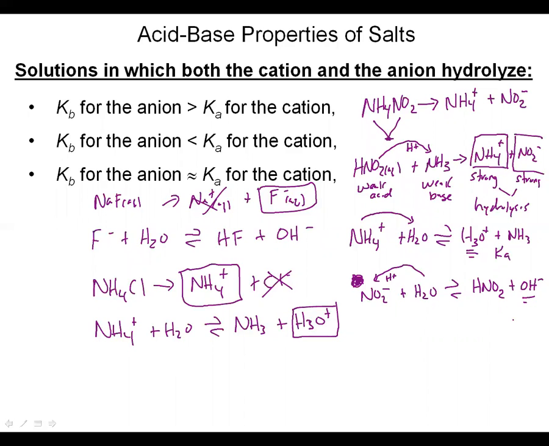While when we're producing our OH minus, we would use the Kb value for this guy. If the Kb value for the anion, which in this example is this guy, is larger than the Ka value for the cation, which is the NH4 plus, then the solution will be basic. It doesn't really say it up here.